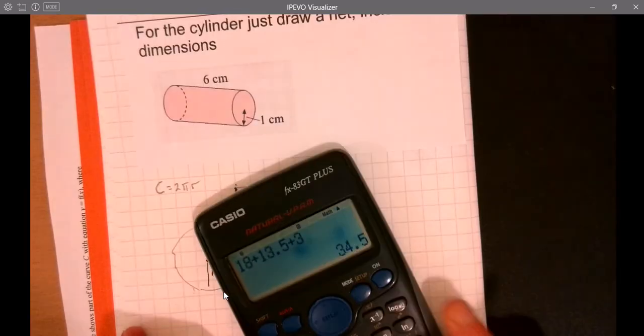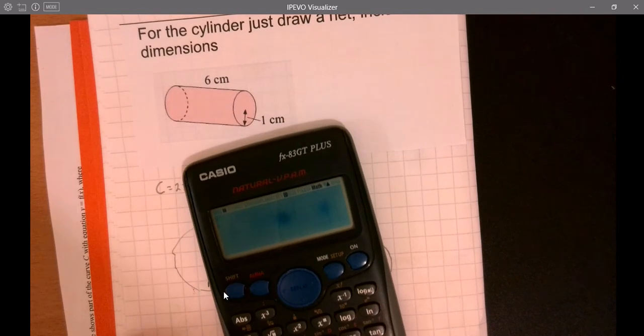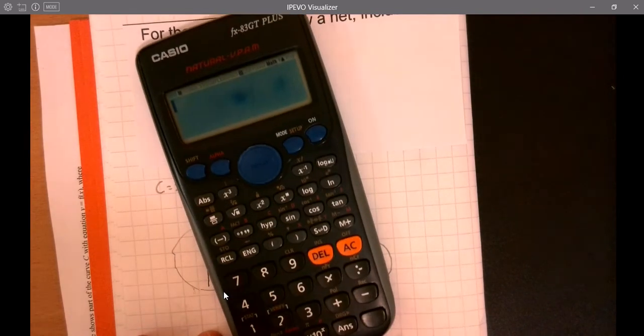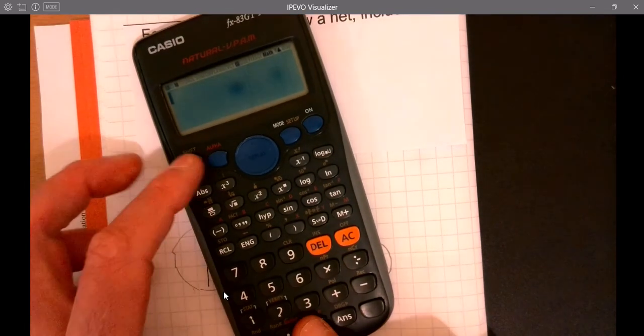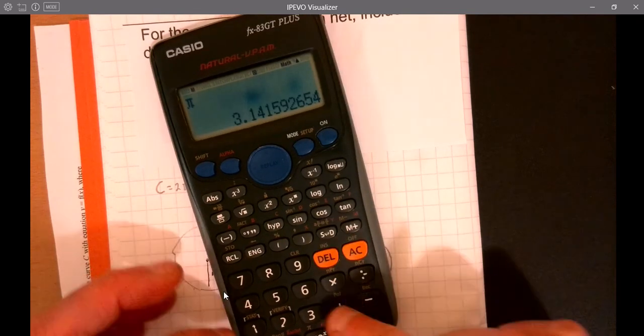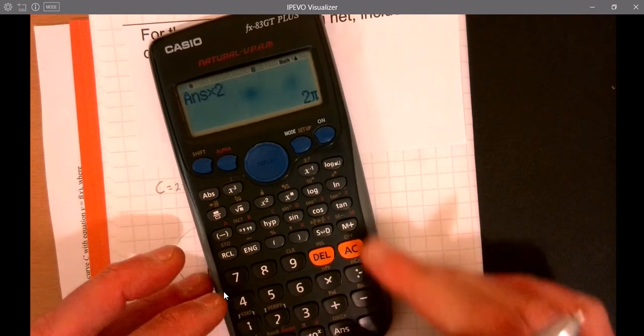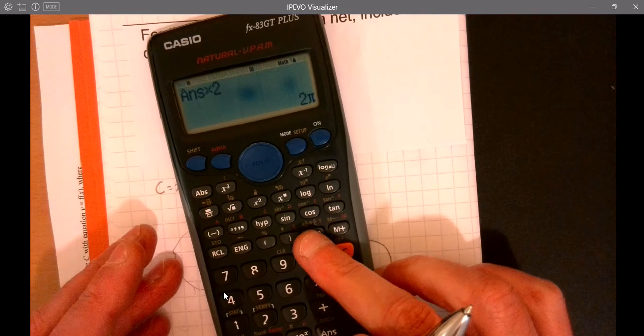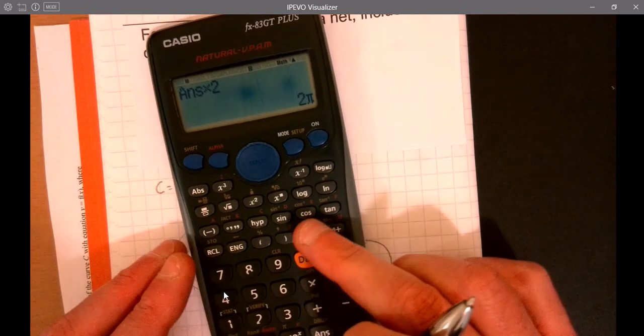I'll just do that to 2 decimals there. There you go. Remember, there's a little pi button on your calculator. If you want to get this as a decimal, just press equals, and multiply that by 2. Let's use 2 pi, because mathematically that's a better thing to write down.